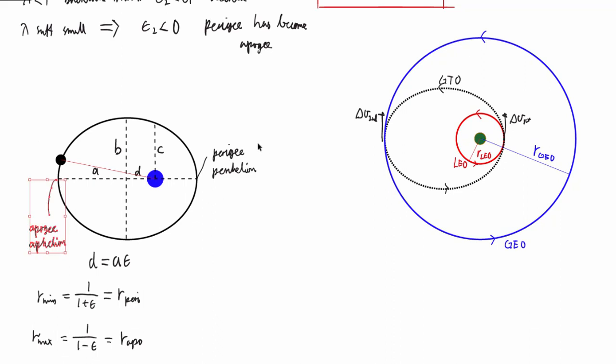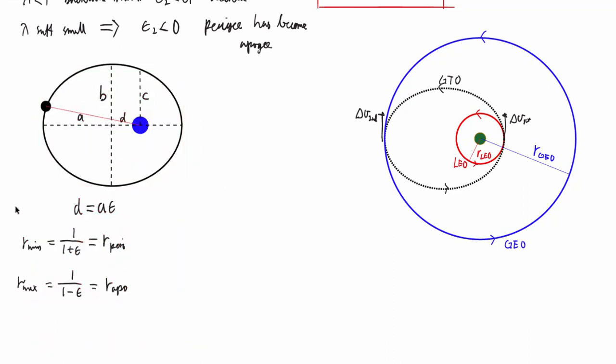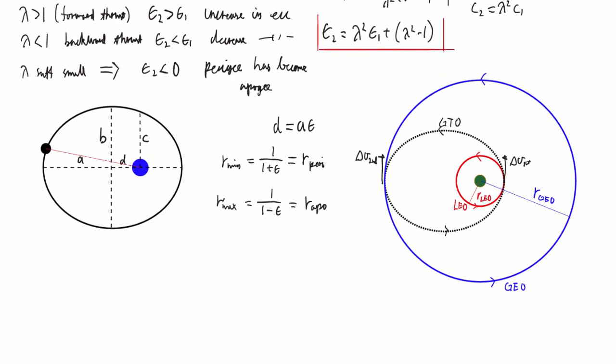And hopefully you can remember these terms. All right, so let's see how we calculate this. In order for us to be able to apply this formula here, we have to first figure out what the epsilon 1 and epsilon 2 are for the two maneuvers.